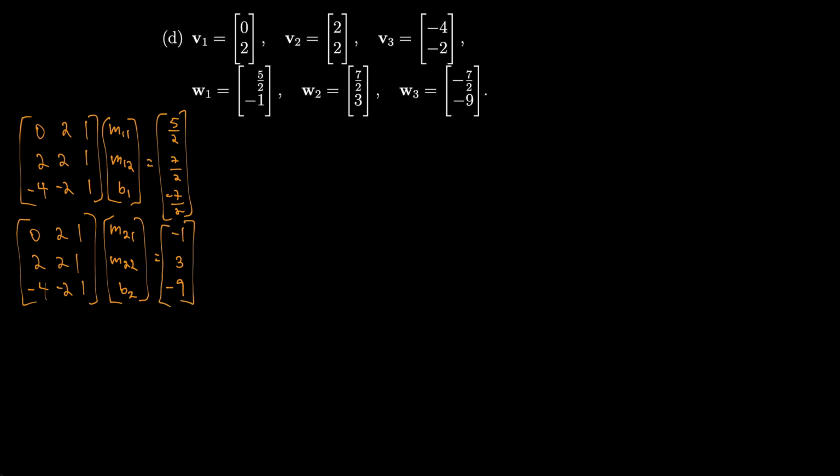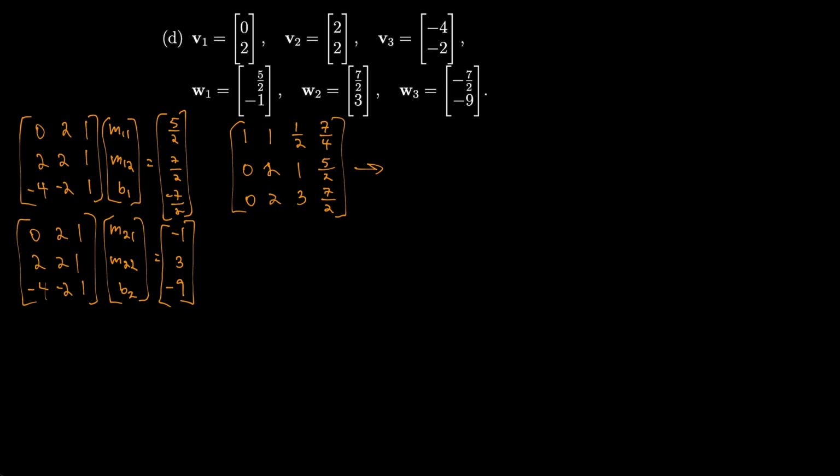Can't have that. So the first augmented matrix reduces to 1, 1 half, 7 fourths, 0, 2, 1, 5 halves, 0, 2, 3, 7 halves.